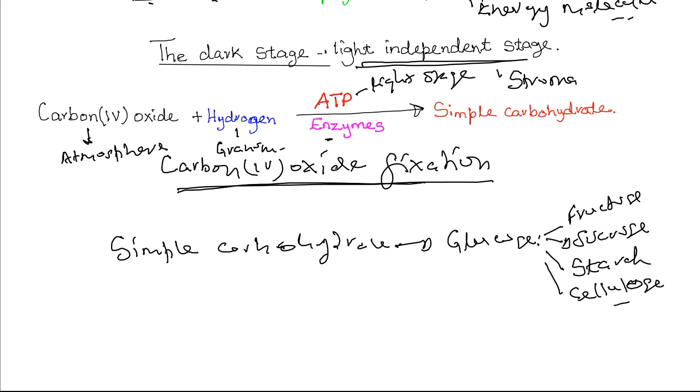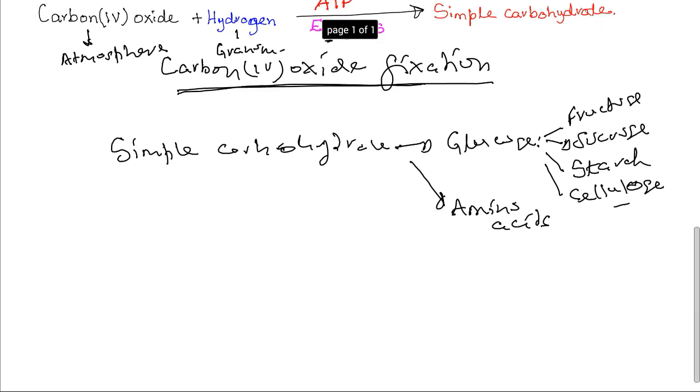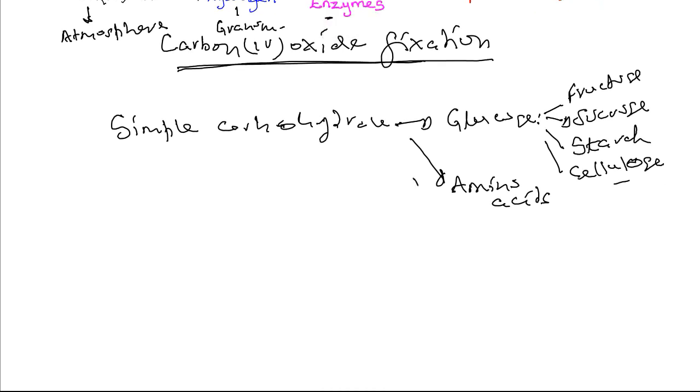In this lesson, we look at factors influencing the rate of photosynthesis. The rate of photosynthesis is affected by a number of factors. These factors include light intensity, carbon dioxide concentration in the atmosphere, temperature, and water.